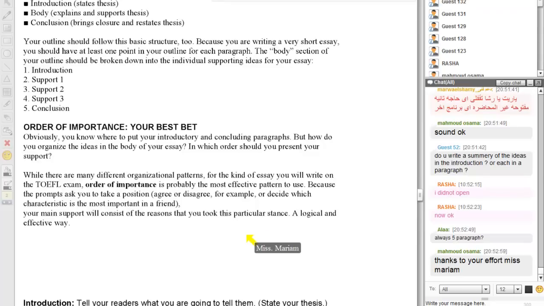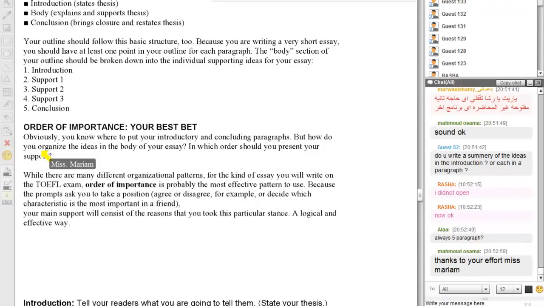All of us can write an introduction and a conclusion. It's not a big deal. We are talking about one idea and we have to make it clear, and in the conclusion we are going to rephrase this idea. But what about the supportive ideas? This is the main part.